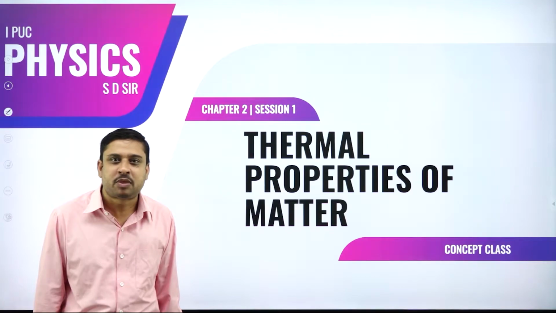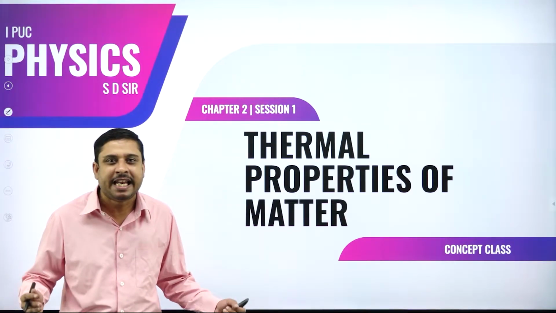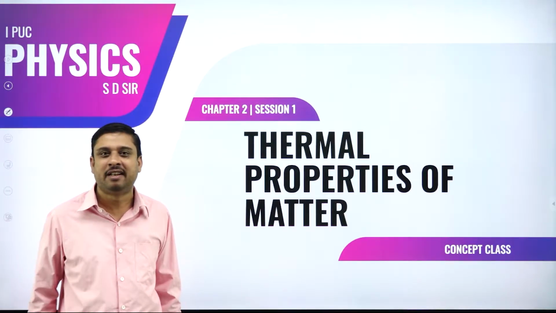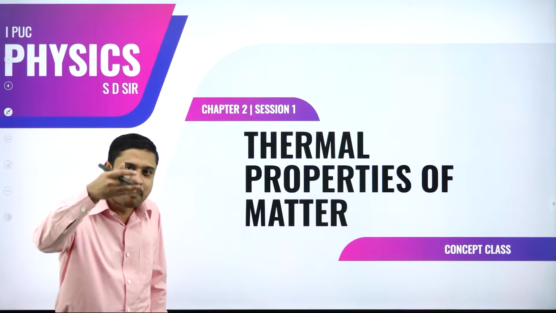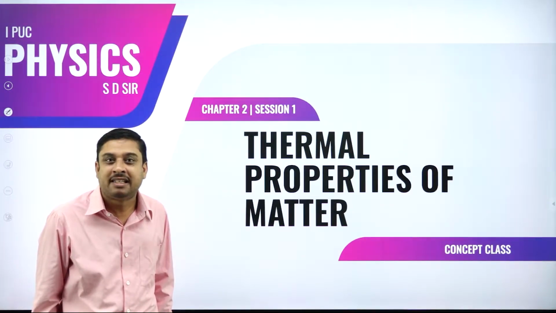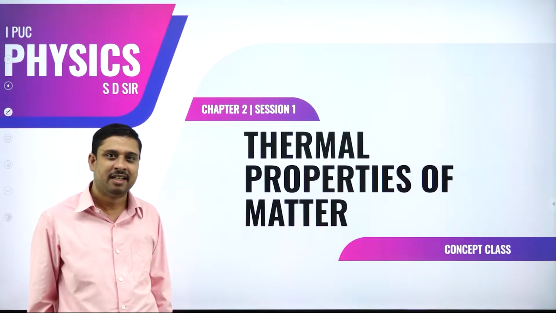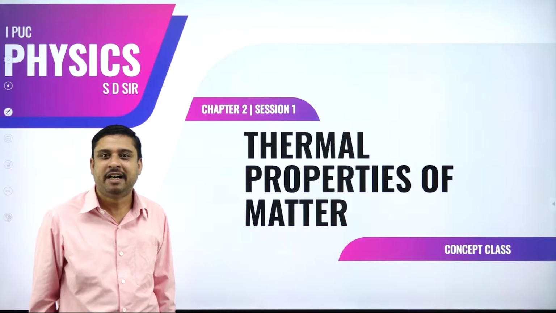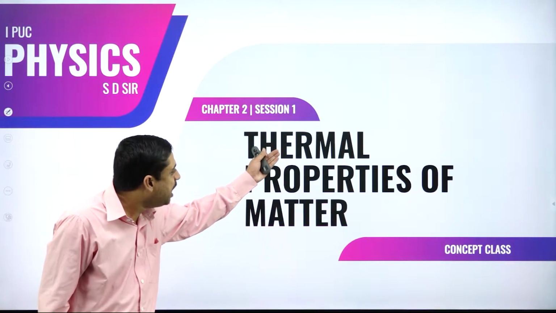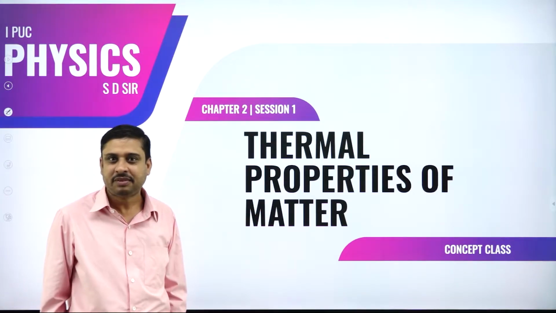The first chapter from the second textbook, a very classical discussion on the most basic property which you had studied called heat. This chapter we caption as thermal properties of matter.